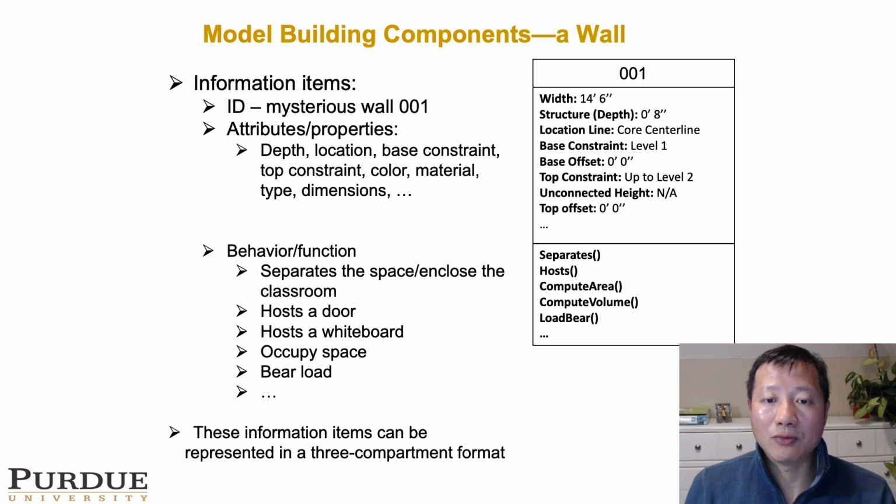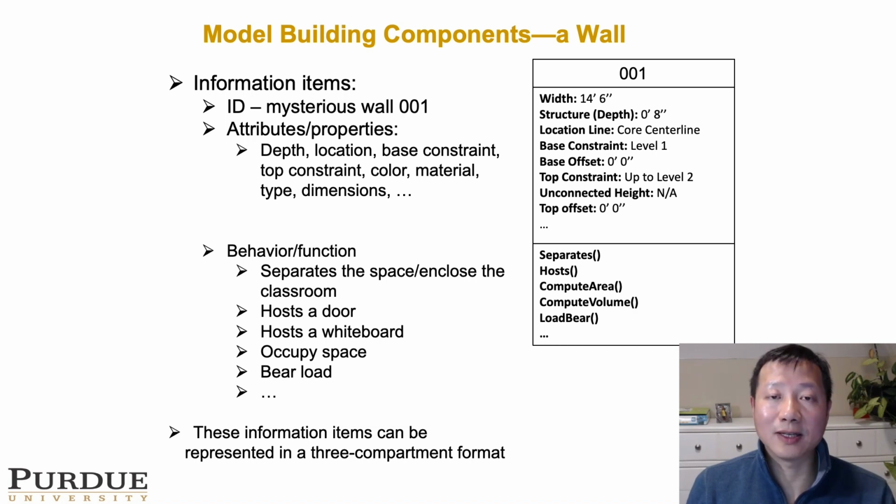Now, regarding behavior or function, we say this is an interior wall, so one of its main functions is to separate the space, to separate the classroom from the hallway. Or another way to look at it is as a function that encloses the classroom. It is also a wall.